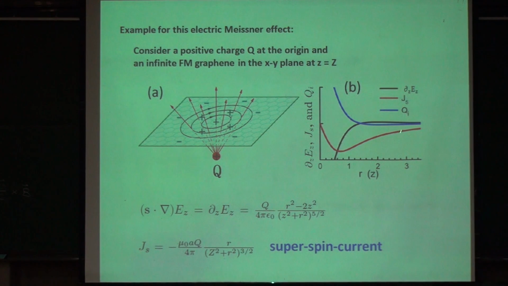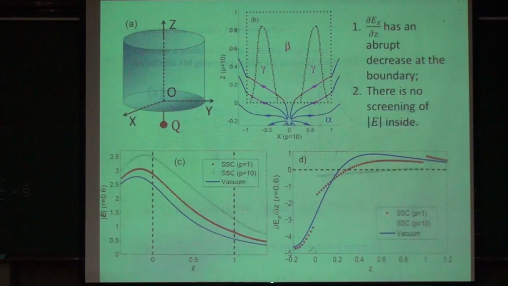One is the blue curve, one is the black curve. In your spin superconductor, these two electric fields will cancel out. So this is one example of the so-called Meissner effect.